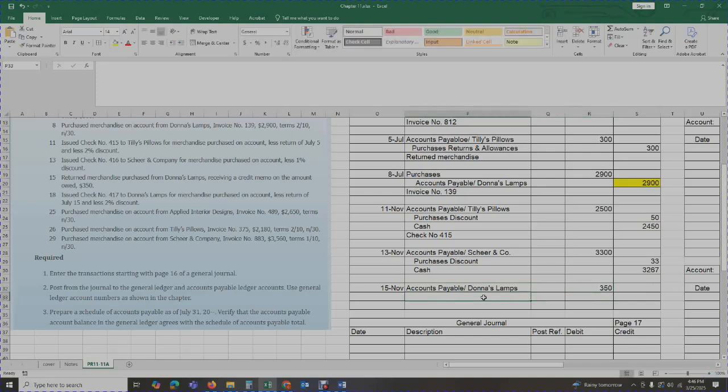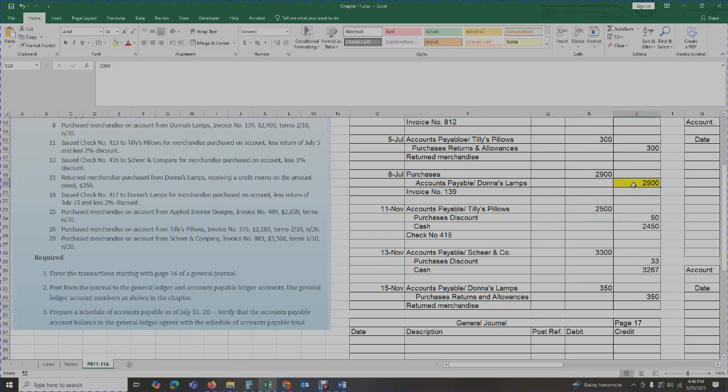Now the offset to this, we are doing a return, so we're going to go ahead and credit our purchases, returns, and allowances. I've got a credit of $350. So here we are having returned merchandise.